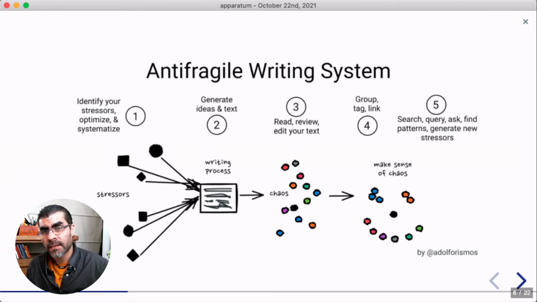We start on the basis that chaos is good for your creativity, is good for your productivity, it's better to work with chaos. And we have very good apps or systems that we can use to make sense of the chaos that we produce.